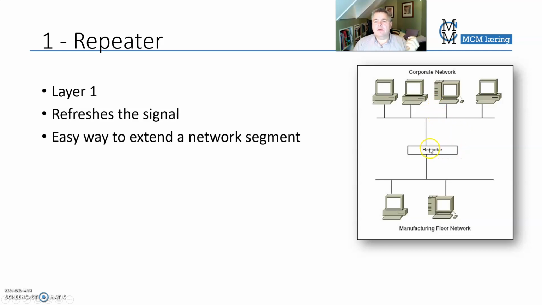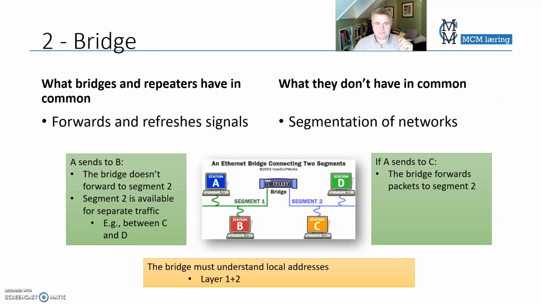So it only has to do with layer 1 properties in the OSI model, because it's only used to safely send a bit from one computer to the other, or from one segment of the network to the other. So it's only concerned with simple bits, not the meaning of the set of bits.